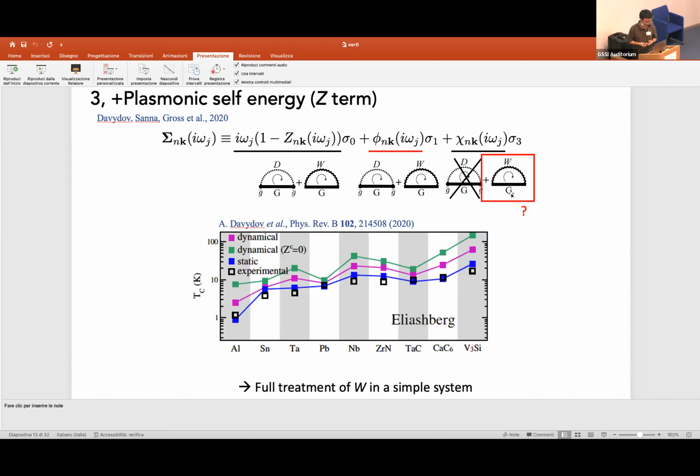So it's still difficult to calculate this term from first principles. With this, I decided to first examine the effect of screened Coulomb interaction on chi in a very simple system so that I can complete the calculation. That is the uniform electron gas.